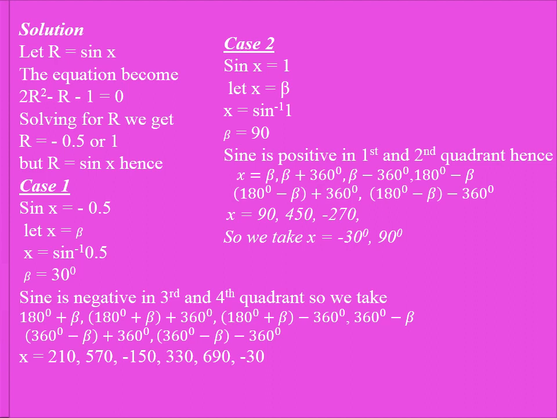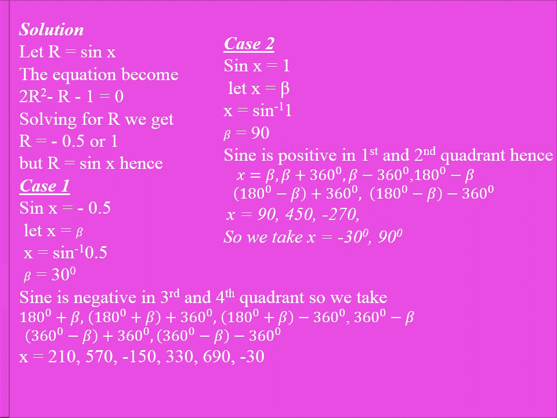So we are going to take the following values: 180 plus beta, 180 plus beta plus 360, 180 plus beta minus 360, 360 minus beta, 360 minus beta plus 360, 360 minus beta minus 360. So for the first case, we are going to get x is 210, 570, negative 150, 330, 690, and negative 30.